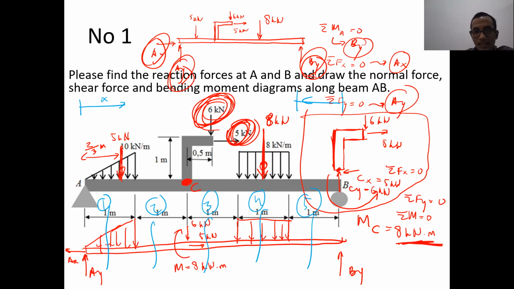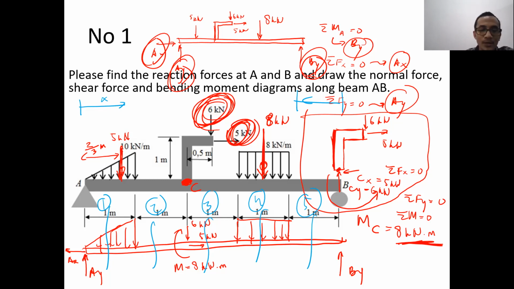When secluding, you have relocated it at C, and there's an external moment at C. Yes, correct. If you already move it to C, then the 6 kilonewton will start at C, the 5 kilonewton will start at C, but at the same time, at C, there will be a moment of 8 kilonewton meters.